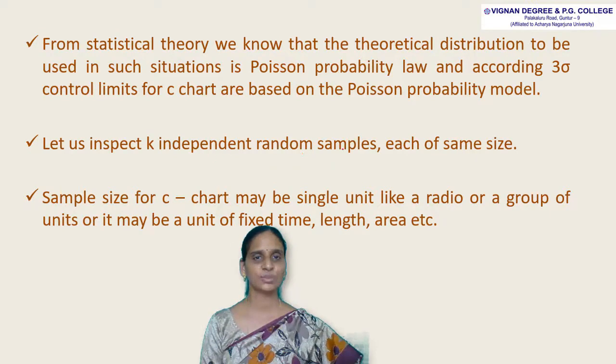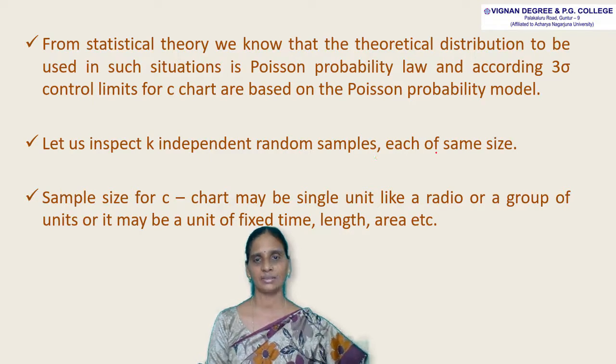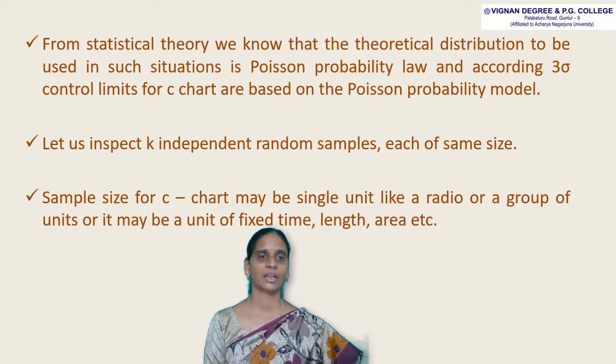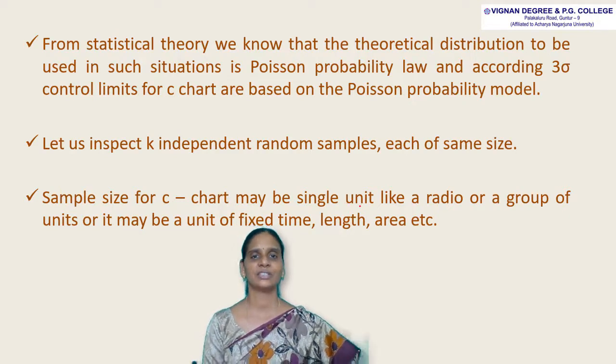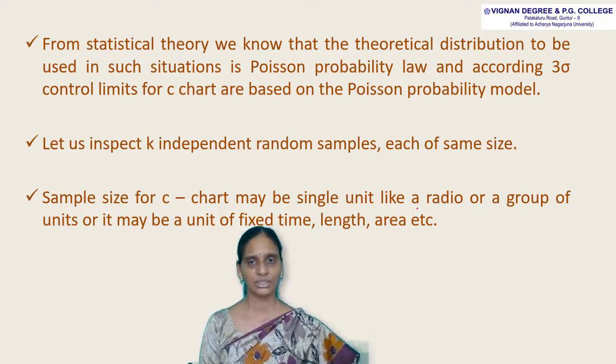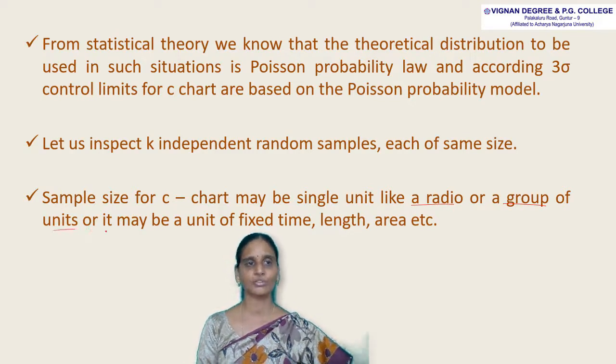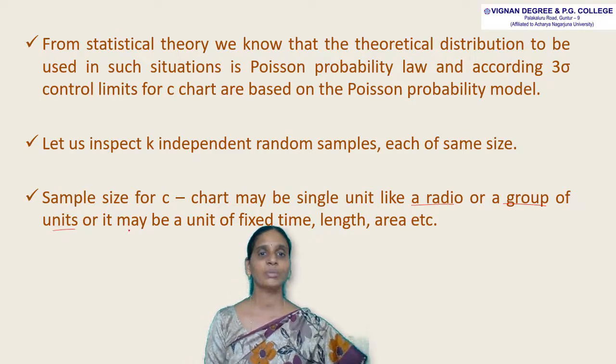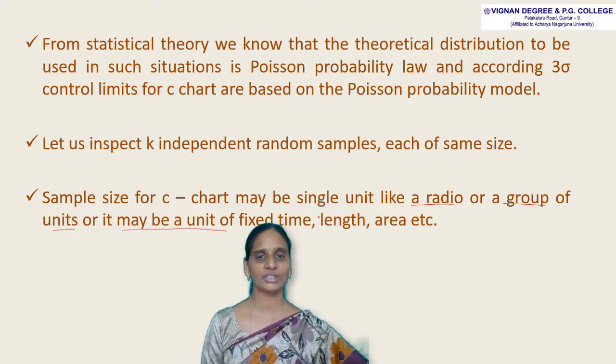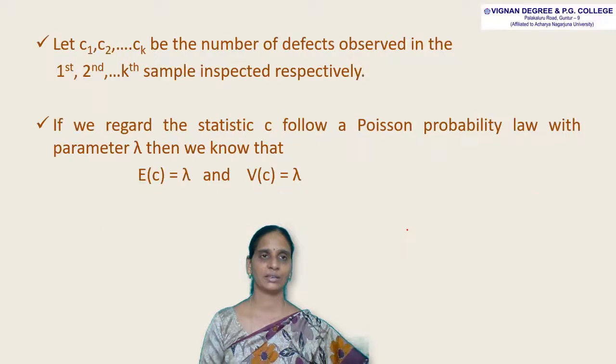Now we have to inspect k independent random samples, each of same size. Sample size for C chart may be a single unit like a radio, or a group of units, or it may be a unit of fixed time, length, area, etc.